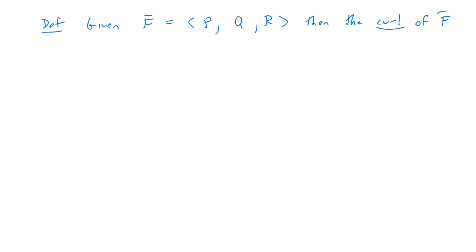Another definition. Given a vector field P, Q, and R, and this one is pretty much always three dimensions, which is why I can label P, Q, and R and not have to worry about other ones, what's called the curl of the vector field is, again as a way of remembering what this gives us, just a memorization technique.